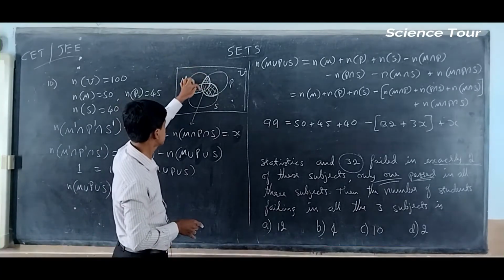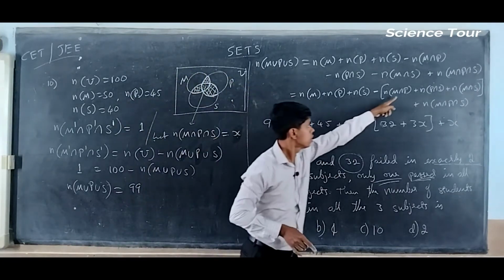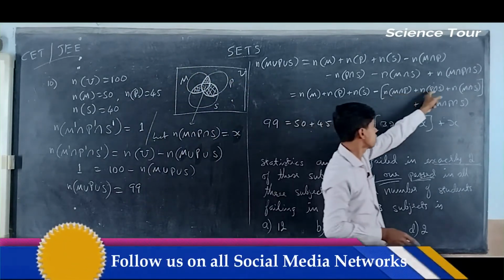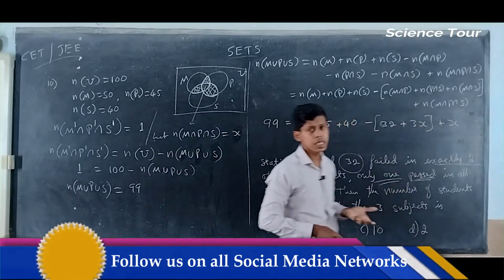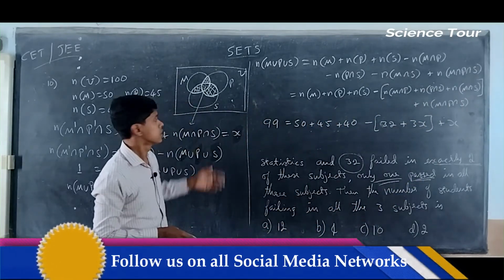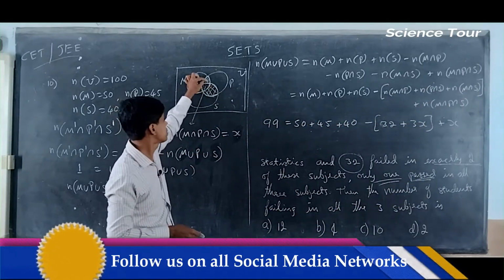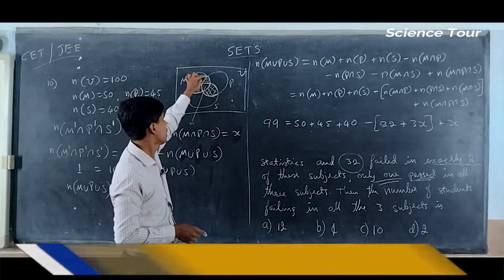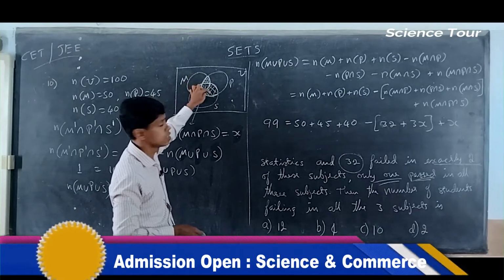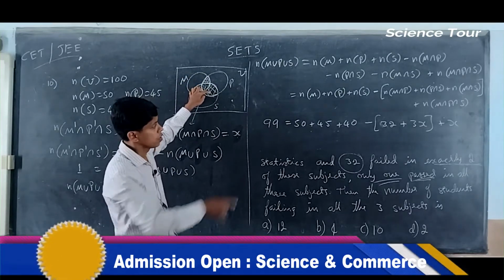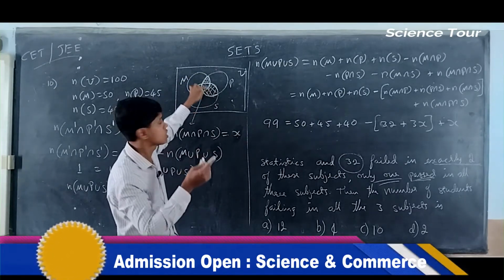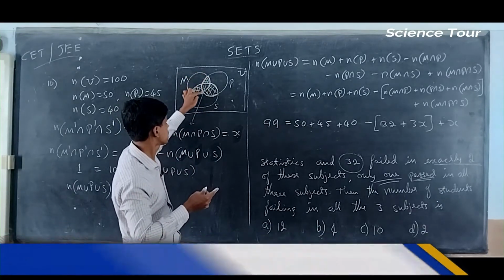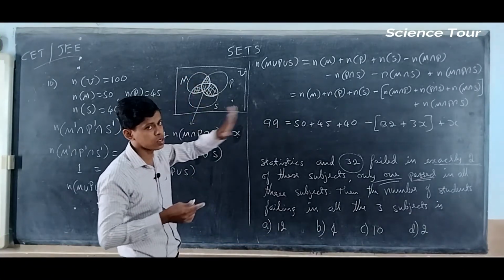So when you have taken this total region M intersection P, you have taken x once, x twice, x thrice, therefore 3x. This is not mentioned specifically separately. So they have given the sum of these three regions as 32. Okay, you have taken N of M intersection P, so that means you have taken x once. I hope that is clear.